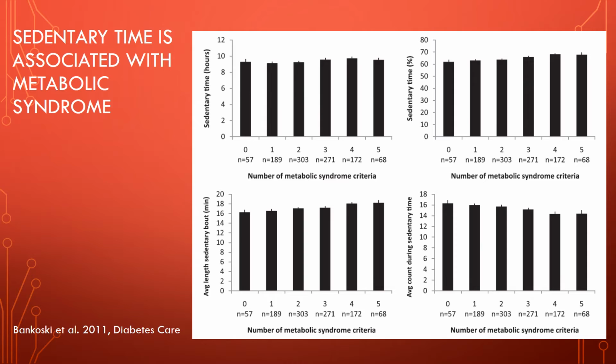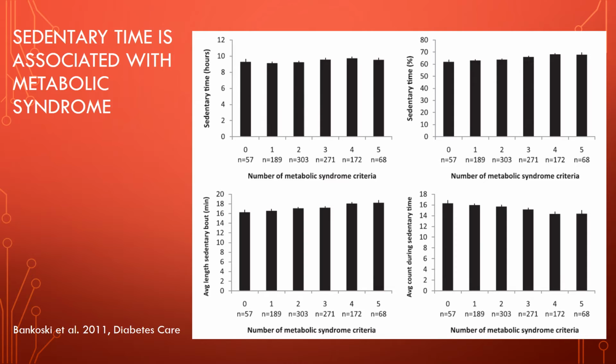So this data was looking at the relationship between not physical activity, but sedentary time. Is sitting or not moving associated with metabolic syndrome? So what you see is people who have either 0, 1, 2, 3, 4, or 5 of the criteria.